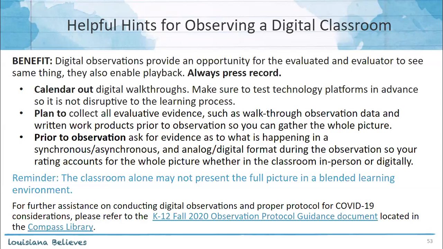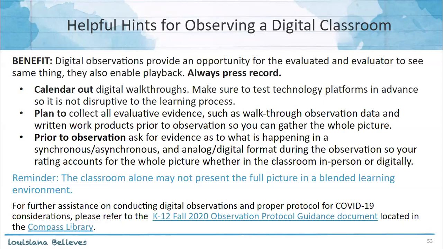Plan to collect all evaluative evidence, such as walkthrough observation data and written work products, prior to observation so you can gather the whole picture. Prior to observation, ask for evidence as to what is happening in a synchronous, asynchronous, and analog digital format during the observation so your rating accounts for the whole picture, whether in the classroom in person or digitally.